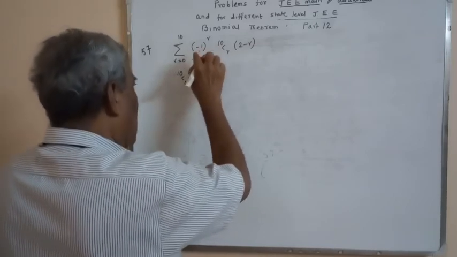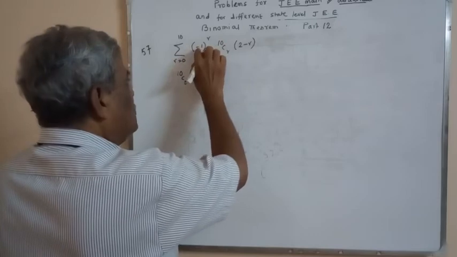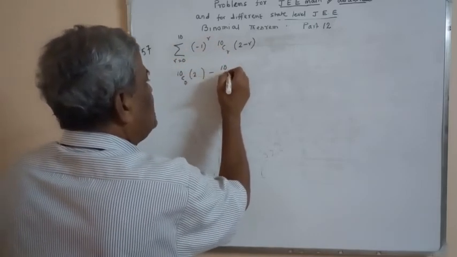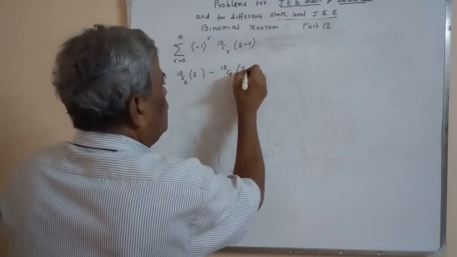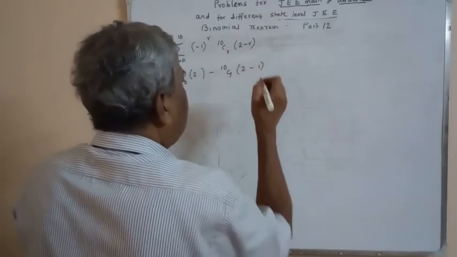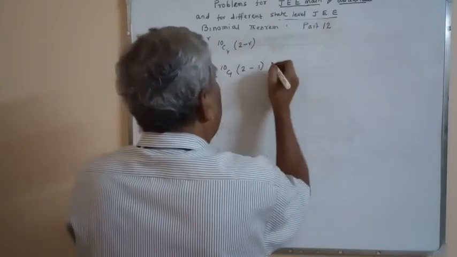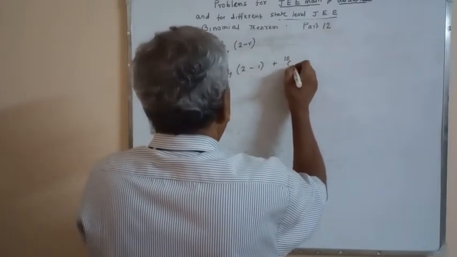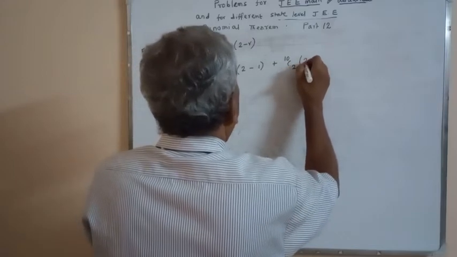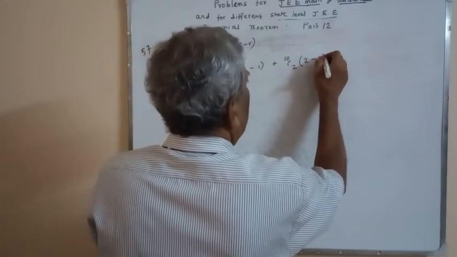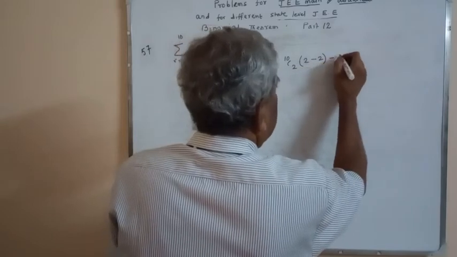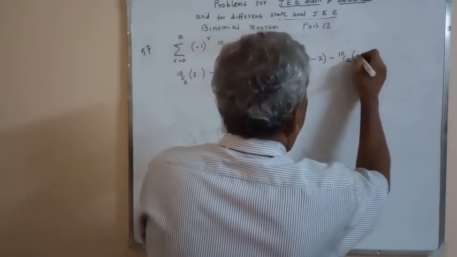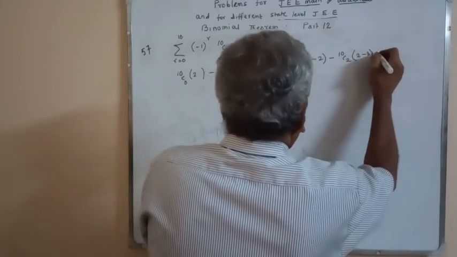Then when r is equal to 1, this is minus 1 to the power 1, that is negative, 10C1, 2 minus 1, then plus 10C2, 2 minus 2, then minus, this way.